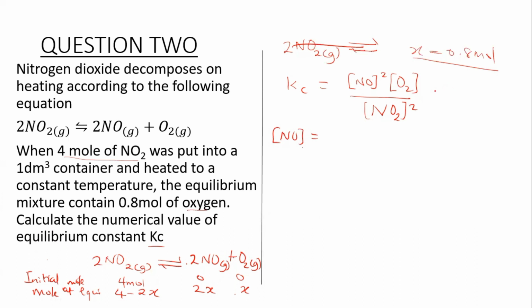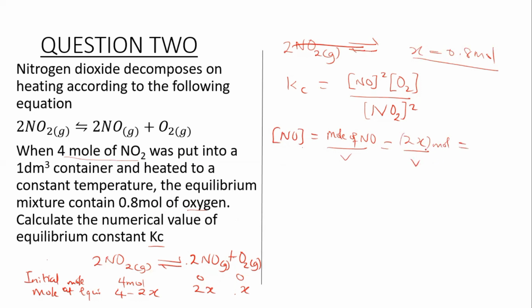Okay, so now, mind you, this one is actually the mole of NO at equilibrium divided by volume, and of course the mole of this is 2x mole divided by the volume.